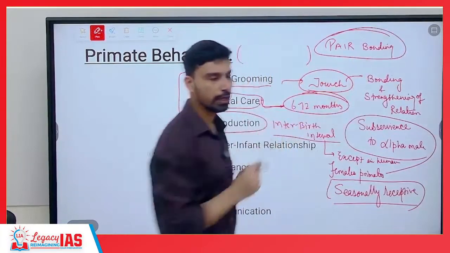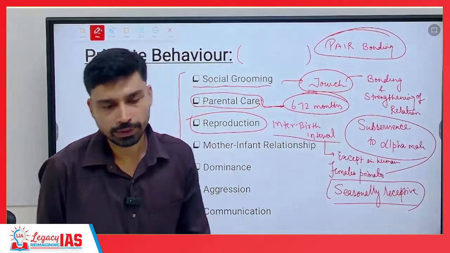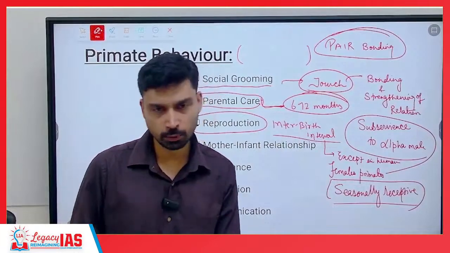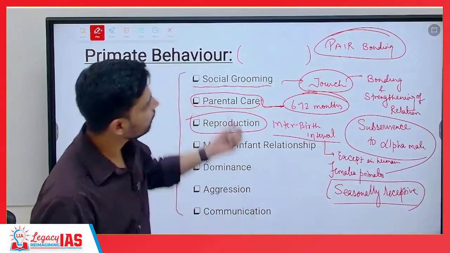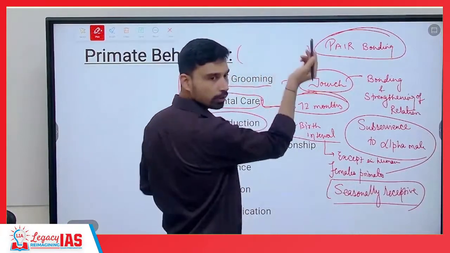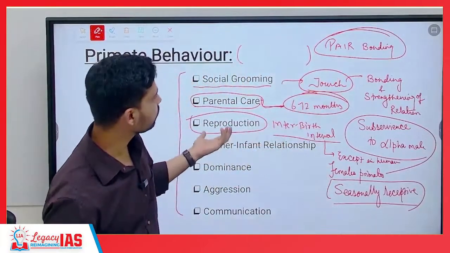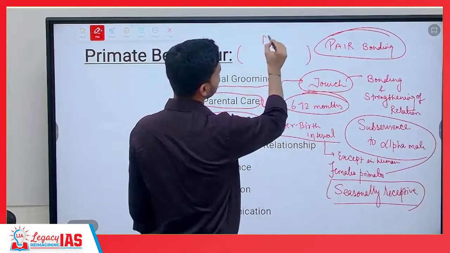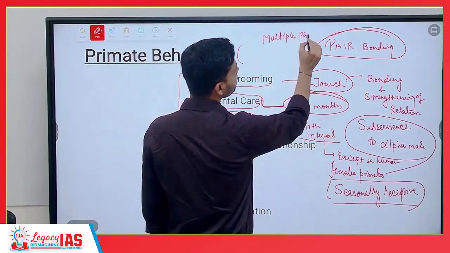Pair bonding means monogamy, that means one female will have one male partner. So in gibbons, what do they have? Monogamy, that means lifelong there will be only one partner. But in other apes like orangutan, chimpanzee, and gorilla, you can have multiple partners. The female apes can have multiple partners in their life.